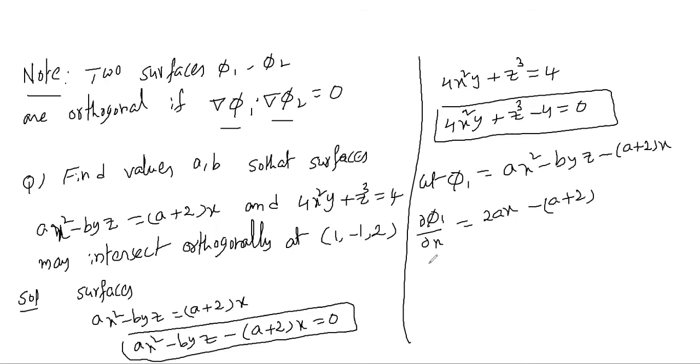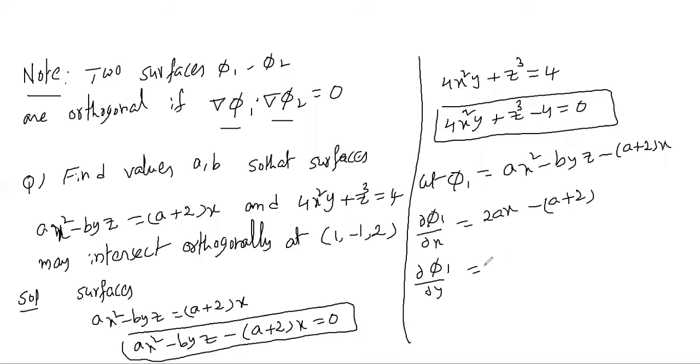Okay. Next, dou pi 1 by dou y. Partially with respect to y: ax square is constant 0, (a plus 2)x is constant 0, y differentiation is 1.